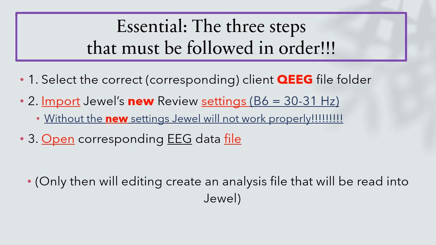That's right, Joule has a new review settings file that must be used with this update. Number 3, open the corresponding EEG data file. In other words, get the client's information, get their EDF file, put it on the screen. Only then will editing the raw EEG create an analysis file that can be read into Joule properly.